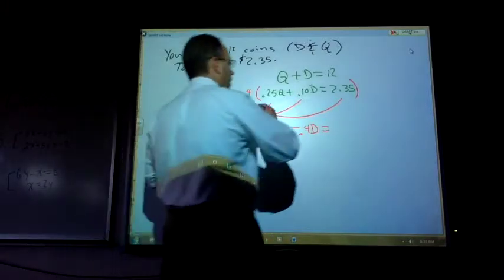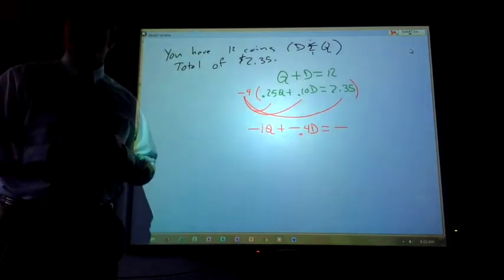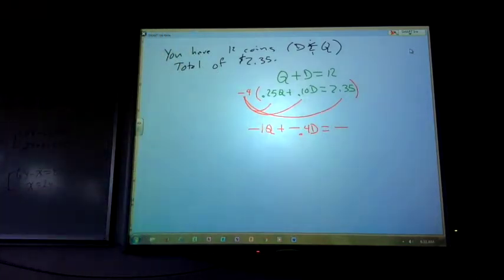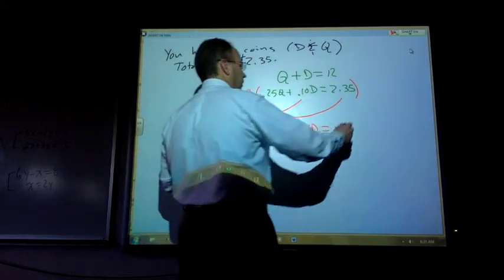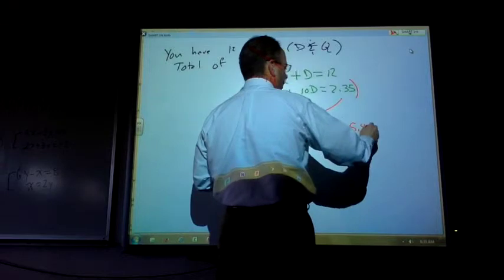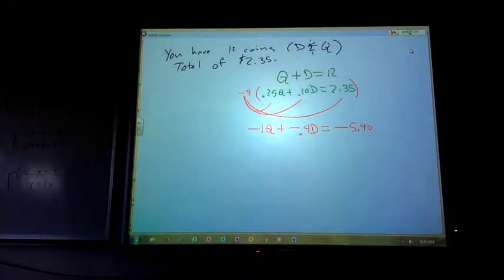And then -4 times -2.35. Does somebody have a calculator out that can help me with it? I can't do this in my head. If it was just doubled, it'd be 470. 540? Someone double check my work. I think it might be this. So -4 times 235, I think.